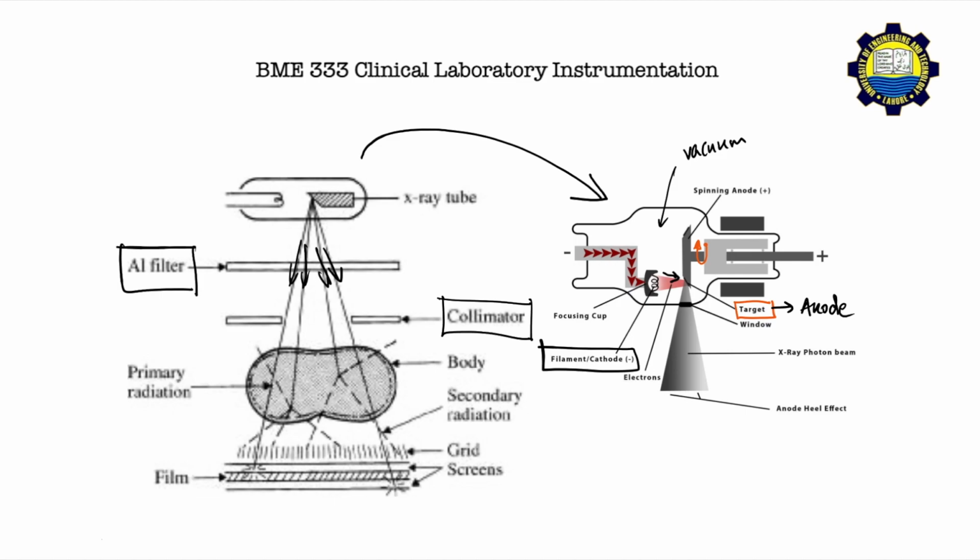We also looked at the lead shielding, which was more or less about absorption of scattered radiation, and from a safety point of view, very critical. And finally, we also looked at the aluminum filter, which captured low energy photons, and then the collimator, which was directing these X-ray beams.